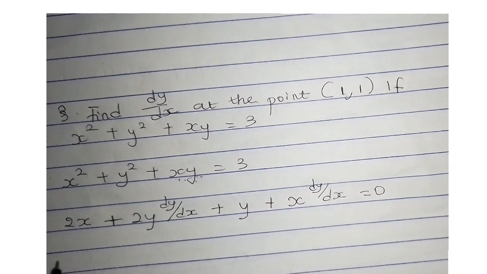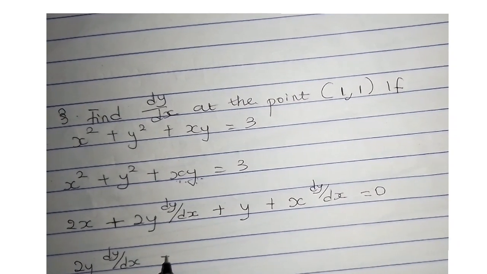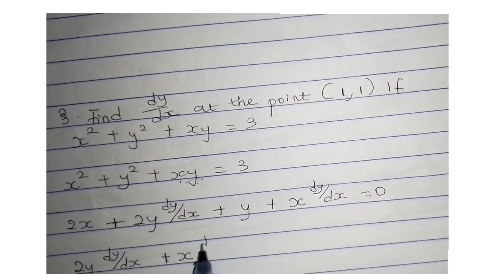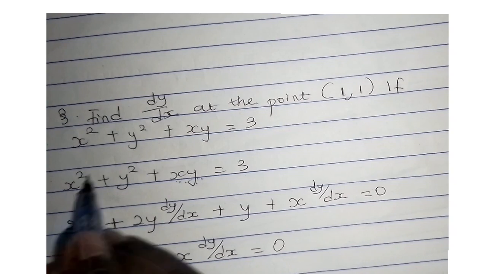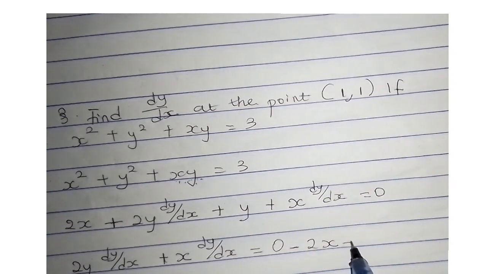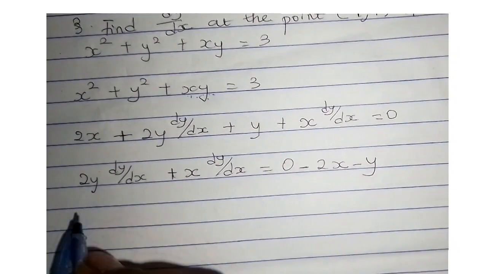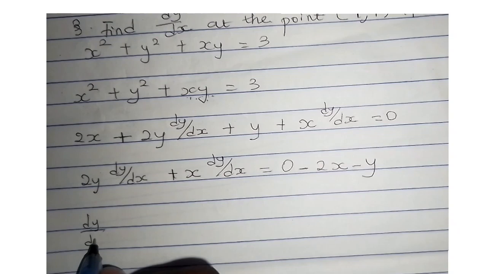So collecting like terms, we're going to have 2y dy/dx plus x dy/dx, which is equal to 0. When this crosses, it becomes minus 2x, and when this crosses, it becomes minus y. So we're going to have dy/dx, make it easy.